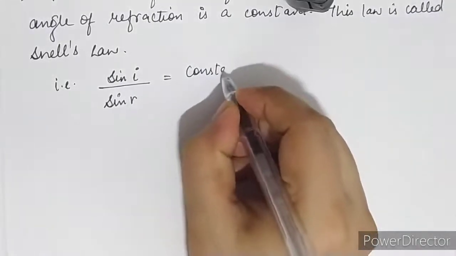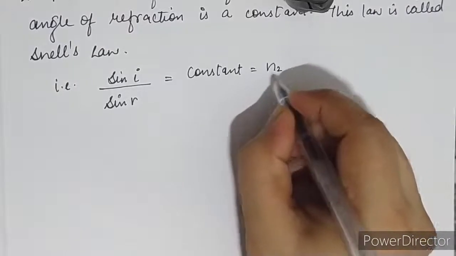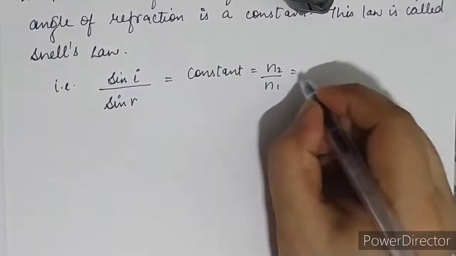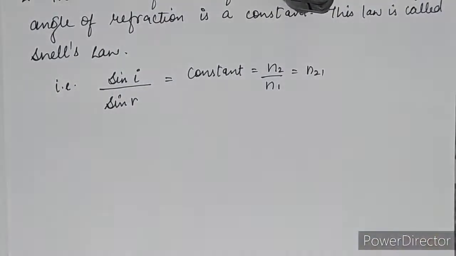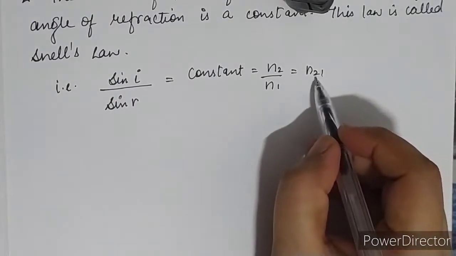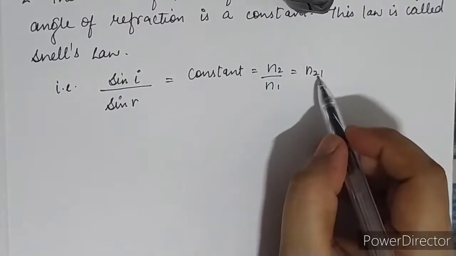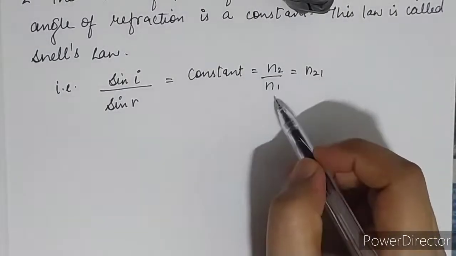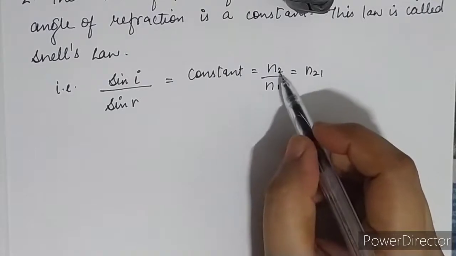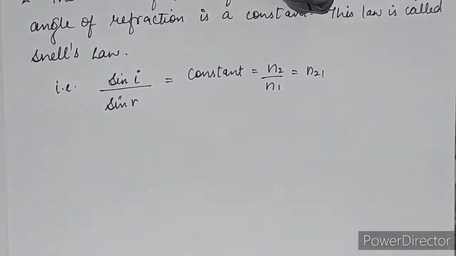And beta, I will tell you this constant is n2 by n1, that is n21, meaning the light ray is going from medium 1 and entering medium 2. So when n21 is written, 2 is in the numerator and 1 is in the denominator, and the light is entering the second medium.